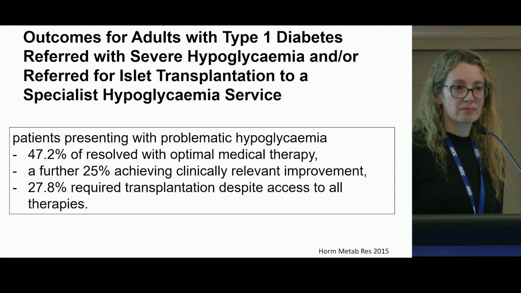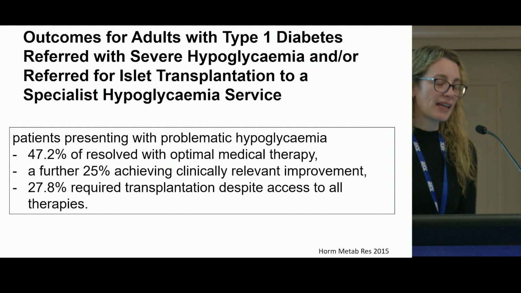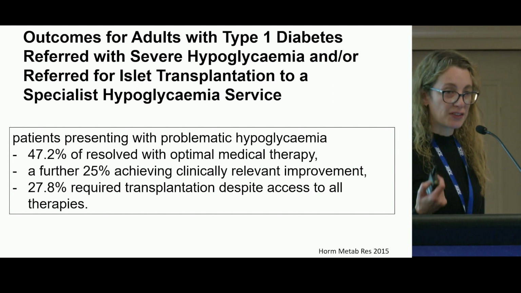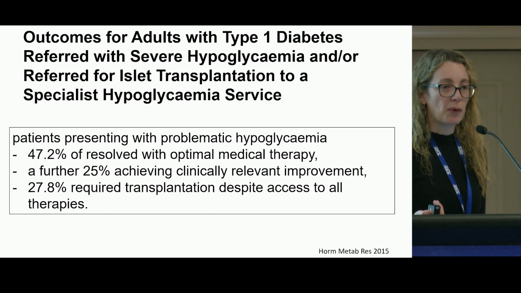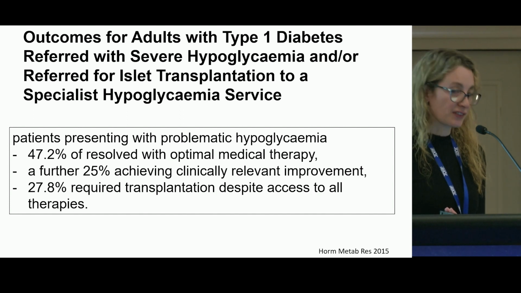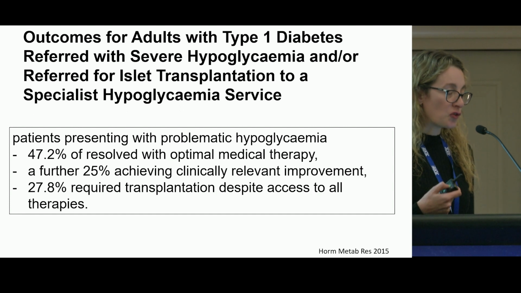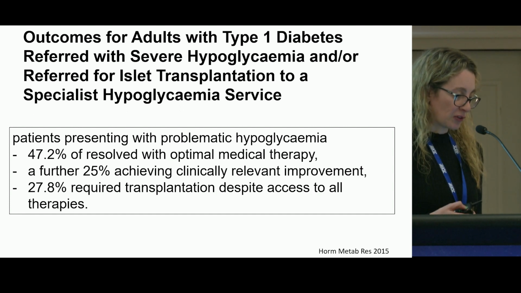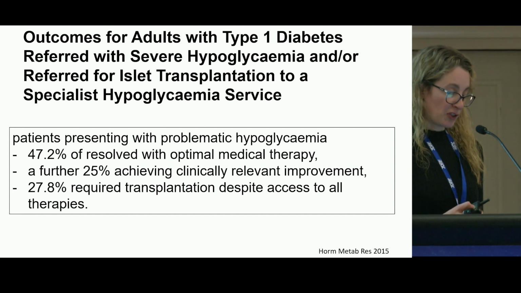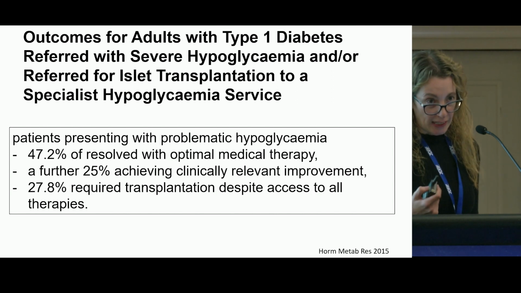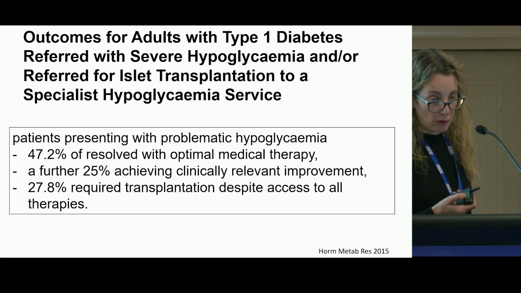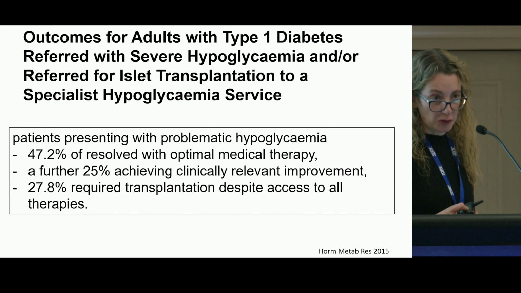I don't think it's just the referrals, it's also the basis on which the decision is made. Yes, at the moment, because you have to have severe hypoglycemia and hypo-unawareness, the inclusion criteria are very strict, and so not all potentially suitable type 1 diabetics are going to make it past the referral process. But certainly I do wonder whether newer technologies are going to reduce the number of appropriate referrals.